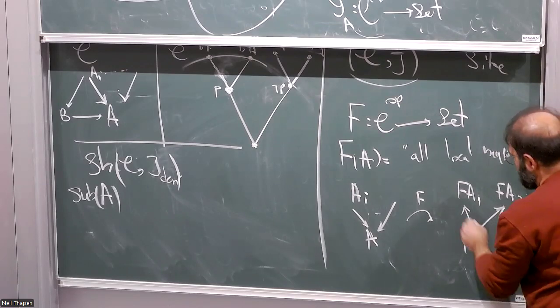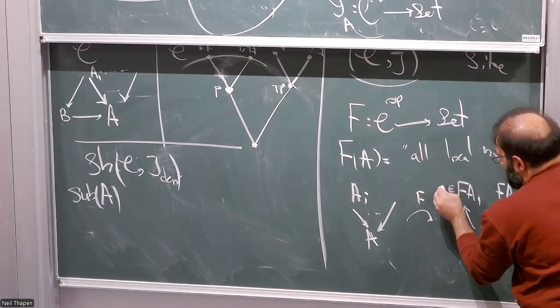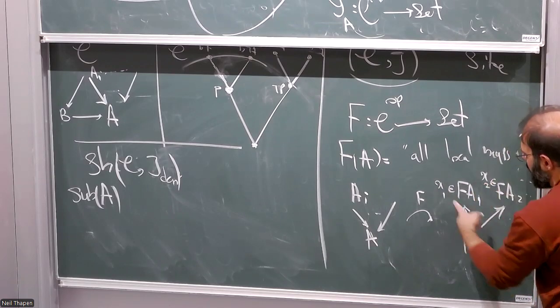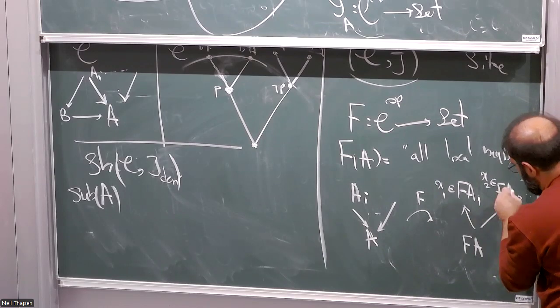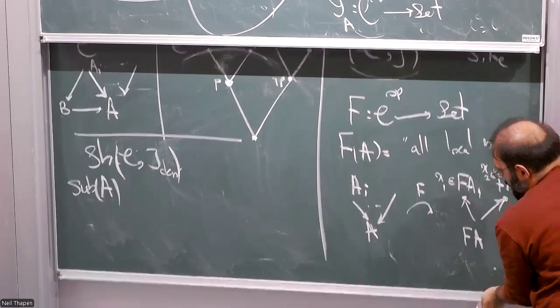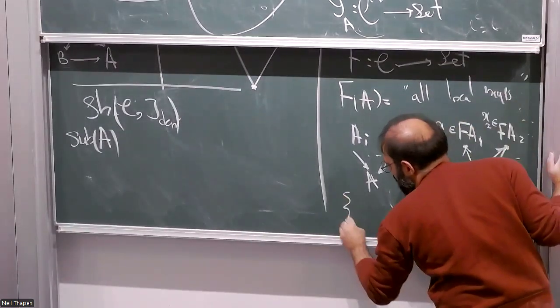Then, if you have a family of X2, etc., in each of these sets, if you pick one element, you get a family, right?